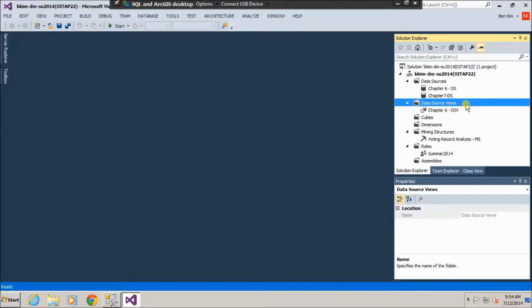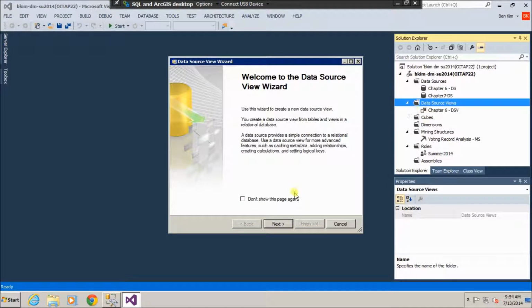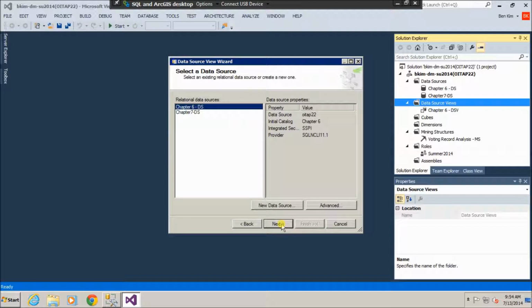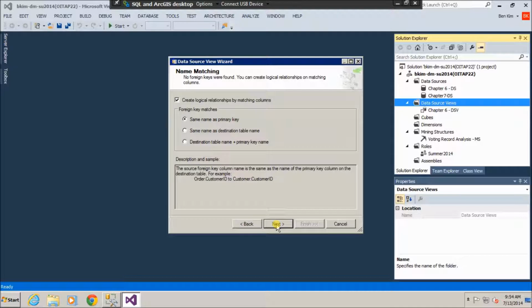Now let's create a data source view. This is just specifying what tables we are going to use. Let's create a new one. Again, right mouse button, create a new one, and next. We're going to use the Chapter 7 data source, and next. We just use whatever they already specified here.